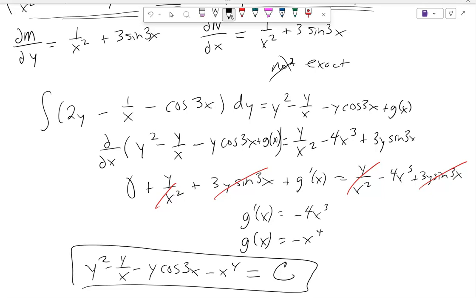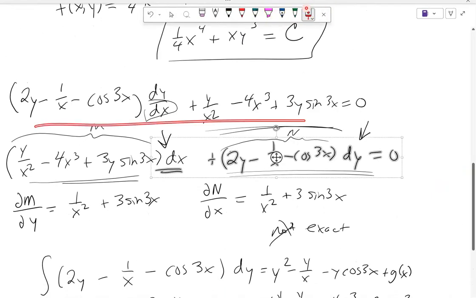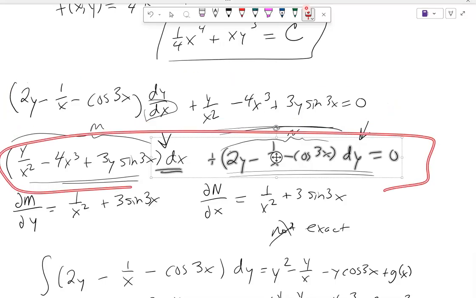I don't need to worry about putting the plus c in the antiderivative at the end, because we're going to incorporate it in our answer when we set the function equal to the constant. You're always going to put a c there. There's always, well, yes, because our original equation was this thing. Oops, no, this thing. Can it be exact if it's not equal to 0?